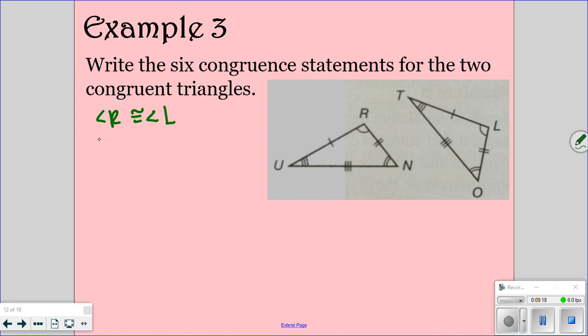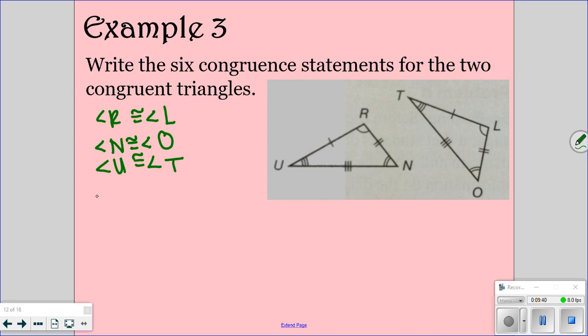Hopefully you're thinking angle L, because those both have one arc mark. Angle N is congruent to angle O, and angle U is congruent to angle P. So those are the 3 for the angles.